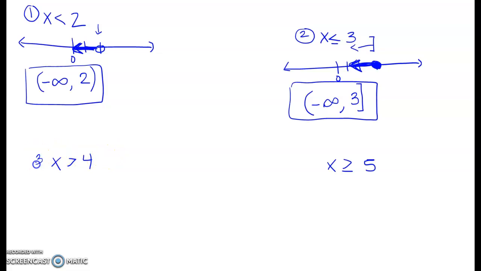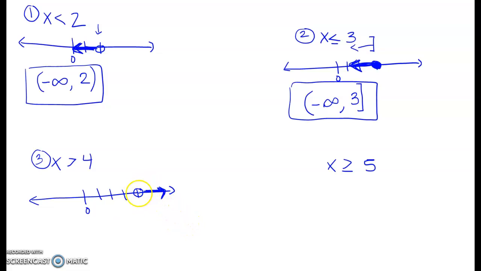Okay, let's look at number 3. We have x is greater than 4. So we're going to have 1, 2, 3, 4. Now it's not equal to 4, and so we're going to have an open circle on this one. But x is numbers that are bigger than 4, and so it's going to be going to the right. Okay, so that's our graph. Let's go ahead and write interval notation. So once again, with interval notation, we always write smallest to greatest.